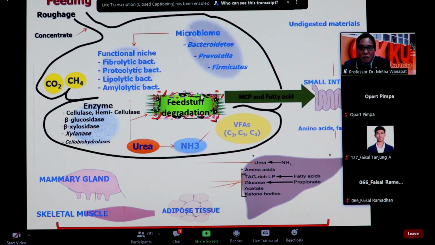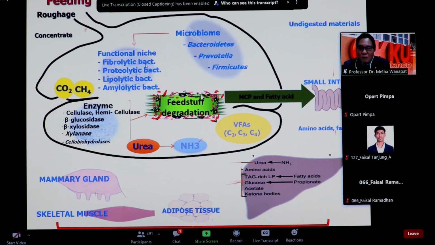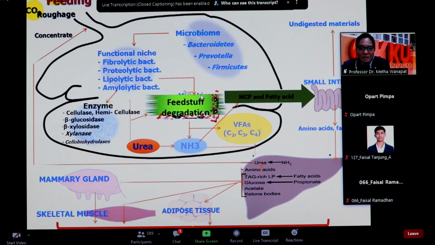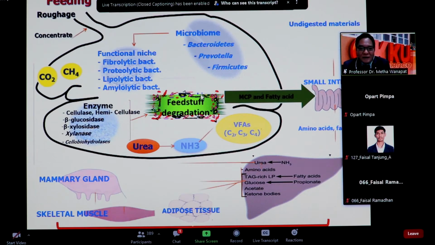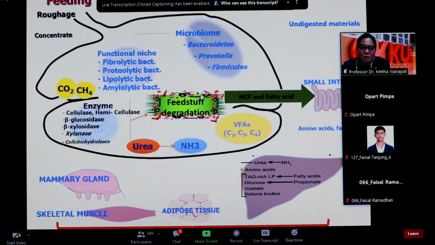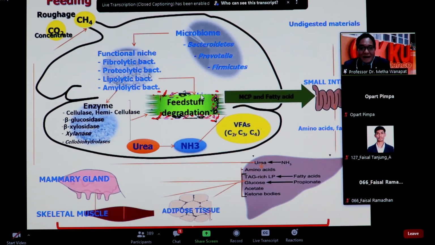You can see what's available there, how they work, how they degrade biochemically, microbiology, right? Tools in order to degrade by their enzymes.